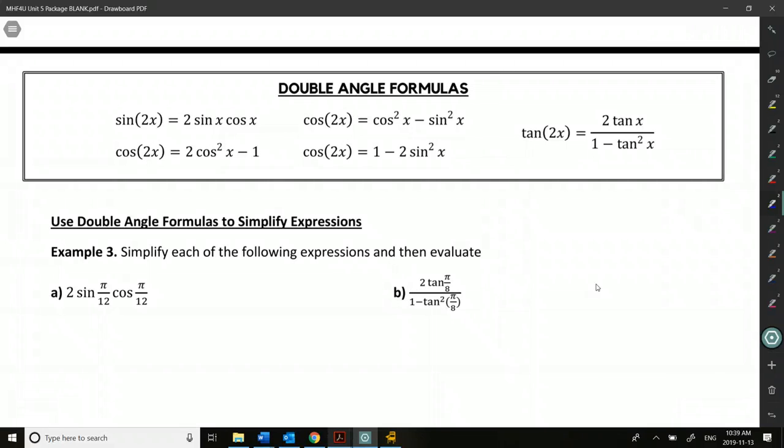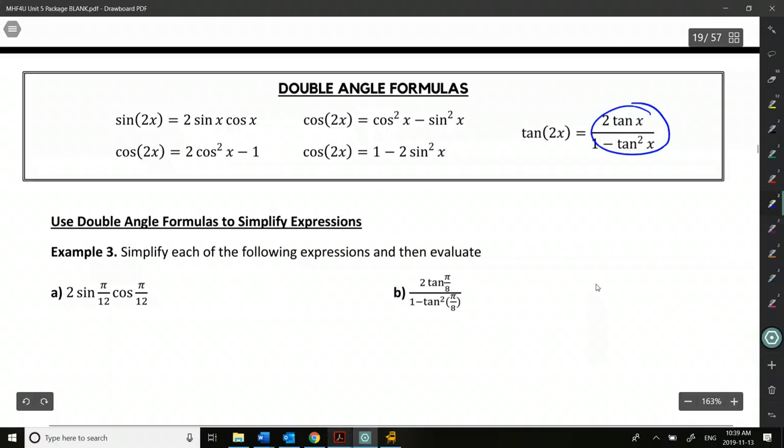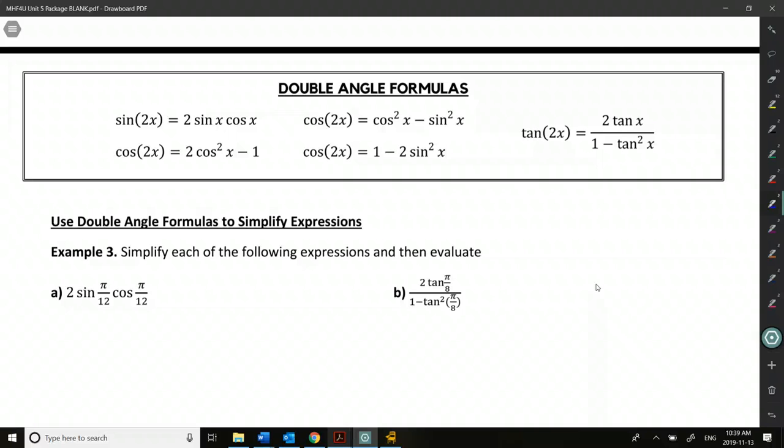Okay, so there's all of our double angle formulas. The tan double angle formula you can basically just prove with the tan addition formula, similar to how we proved sine of 2x and cos of 2x with the cosine and sine addition formulas.